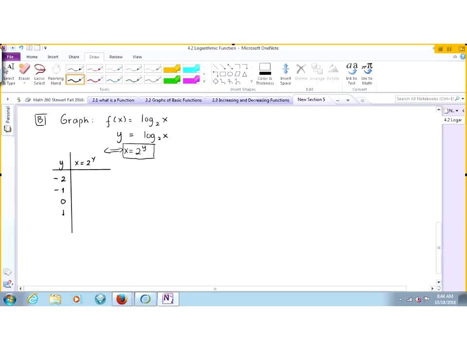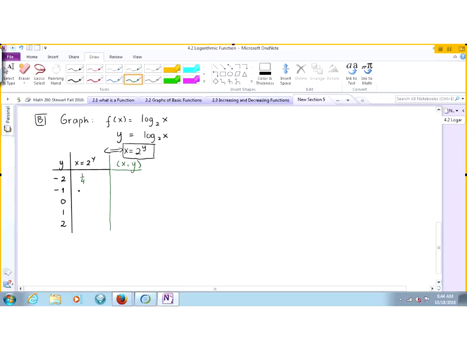Yes, of course. -2, -1, 0, 1, 2. Now, very important here is because x and y are of different order, we have to write it as an ordered pair, x comma y. Which one's x, which one's y.